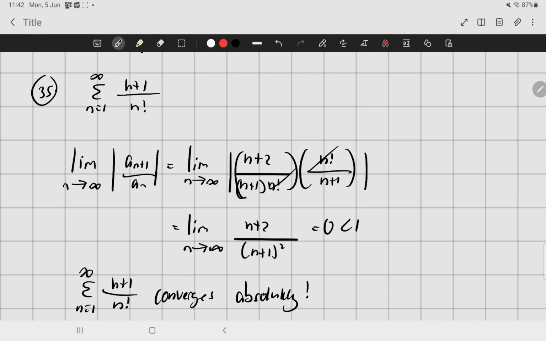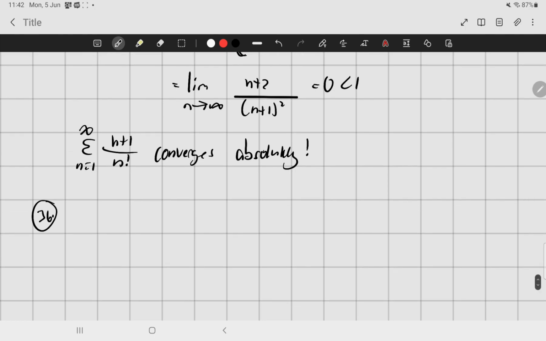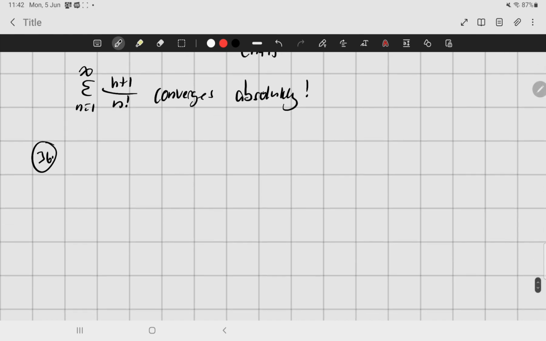All right, so let's go through question 36. We have another series where you could use the alternating test, right? It is the suitable way to solve this. You could say it alternates between some values so that it diverges.